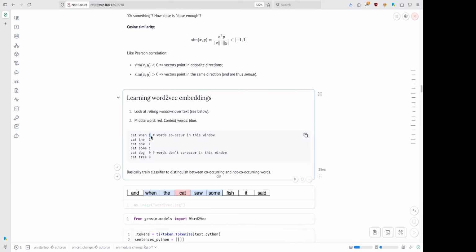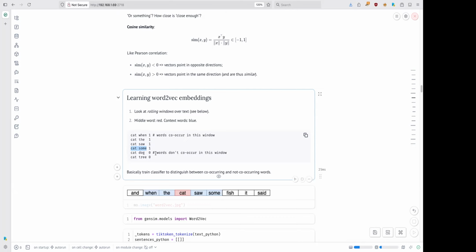We see that the token when is in the window around the token cat. Yes, the two tokens co-occur in this window. The token the occurs around the token cat in the window, and so on and so forth. The token some occurs in the same window as well. So our neural network or some kind of machine learning model will have to predict, given the two token IDs, one or zero.